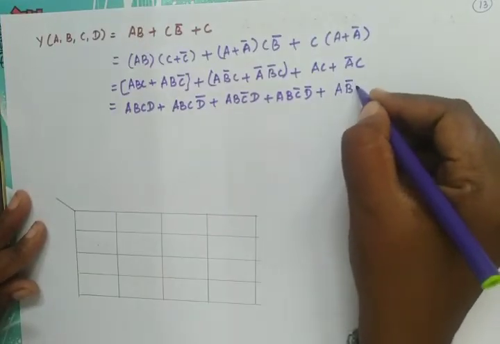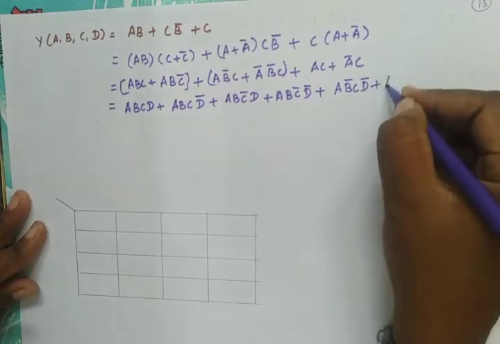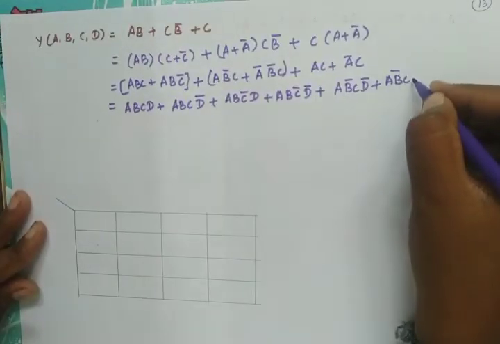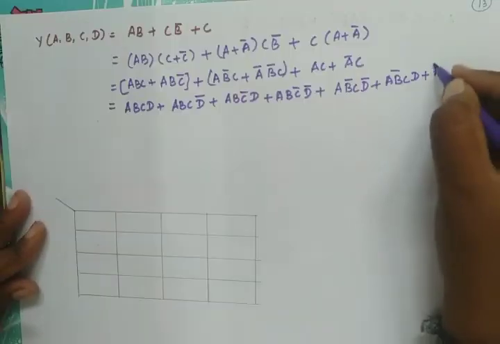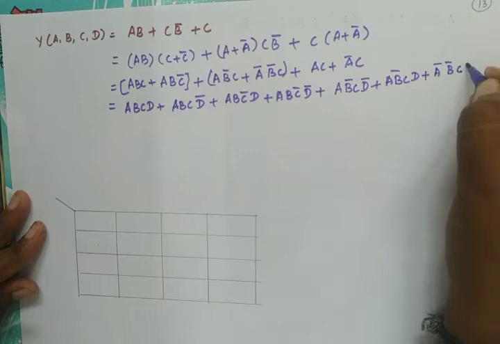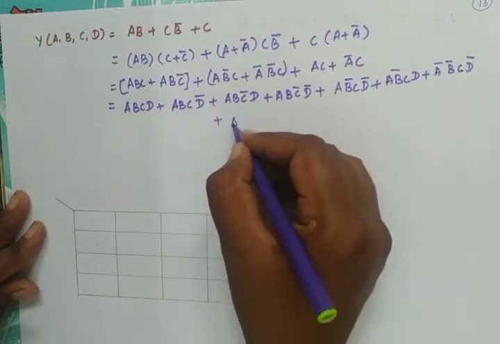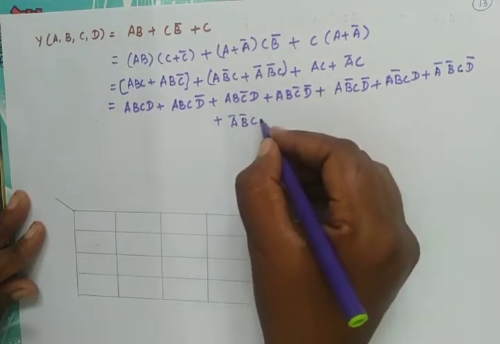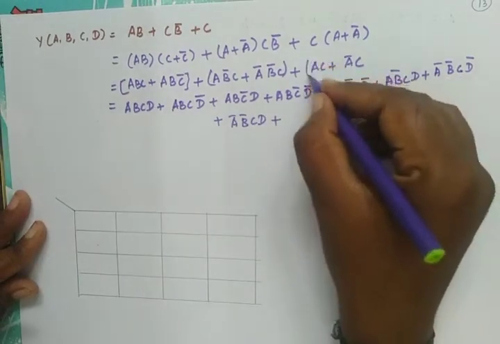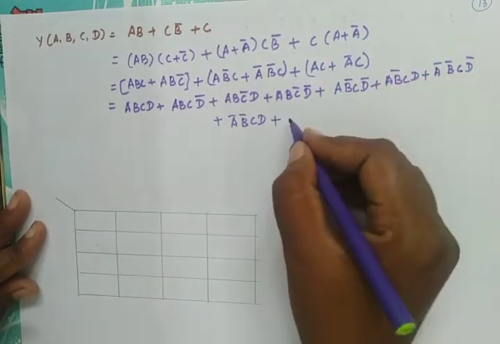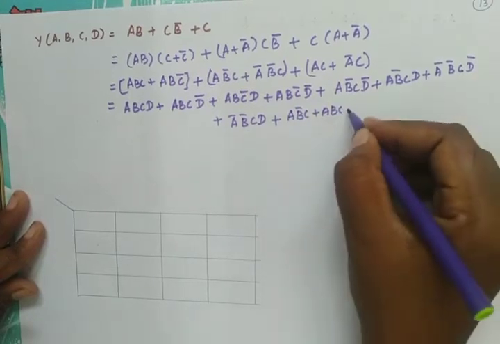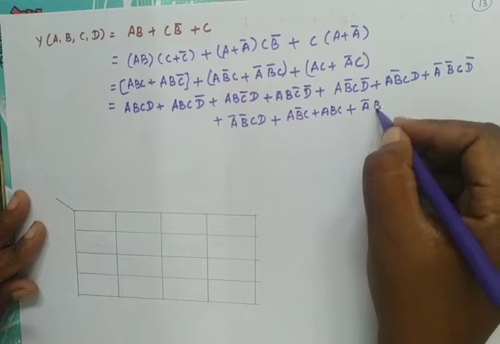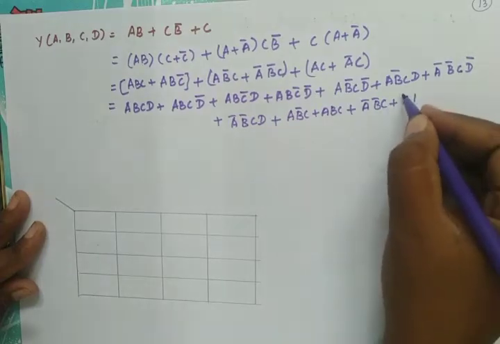AB̄CD̄ + AB̄CD + now multiply with this, ĀB̄CD̄ + ĀB̄CD + now multiply (B + B̄) with this, AB̄C + ABC + ĀB̄C + ĀBC.